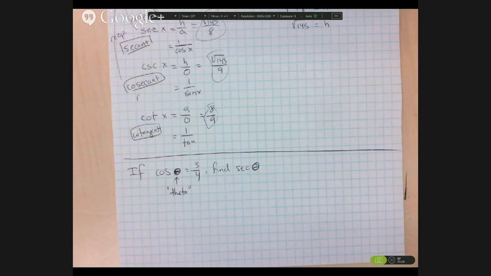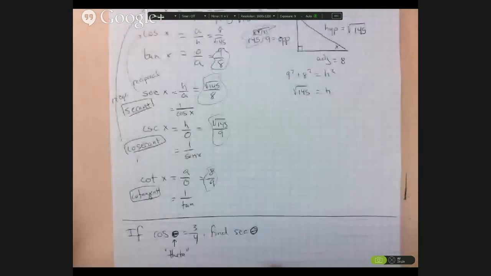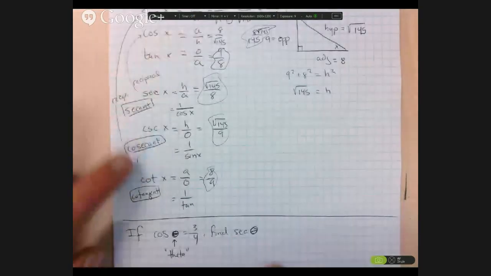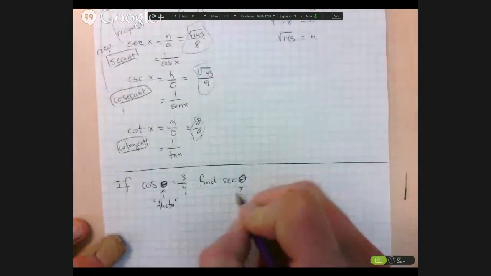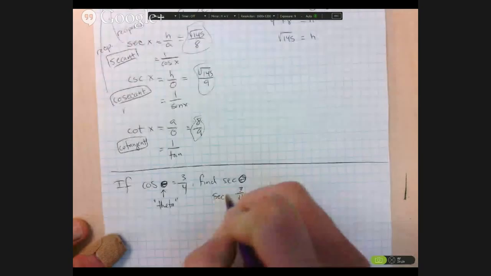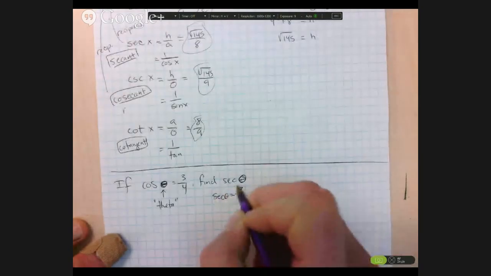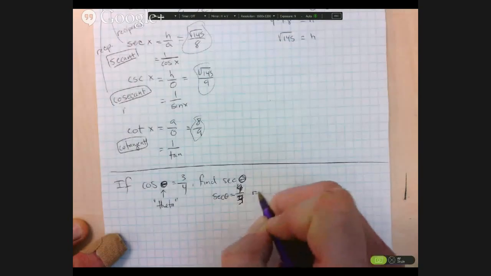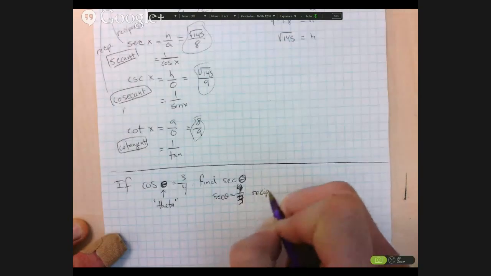Thank you, Jared. Why? Yeah, they're reciprocals. Cosine is 3/4. You just flip it over to get secant. You feel like it should, or it should?